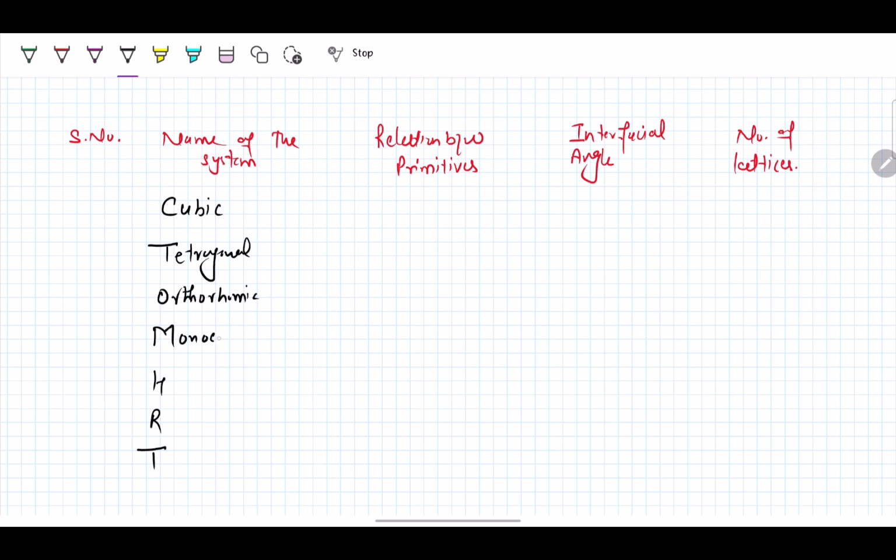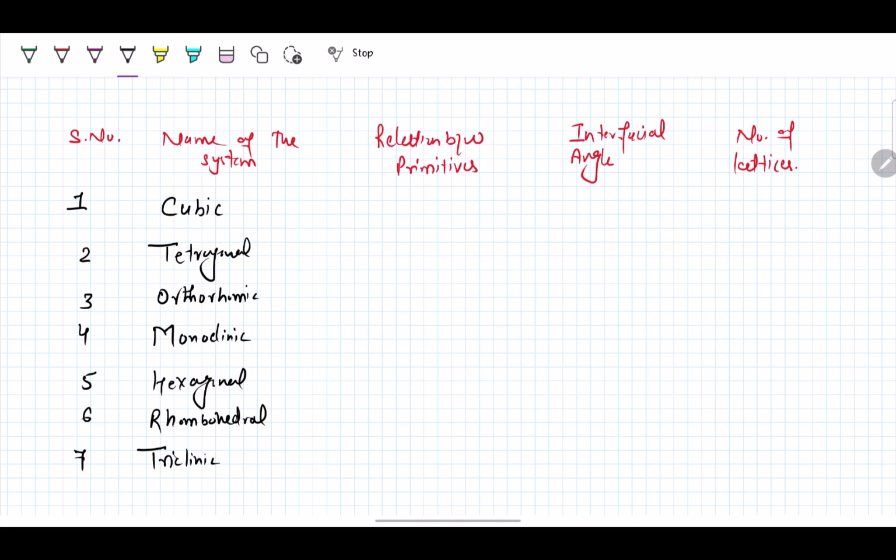M for monoclinic. Hexagonal. Rhombohedral. And triclinic. So these are the 7 types of crystal systems we have, with serial numbers 1, 2, 3, 4, 5, 6 and 7.